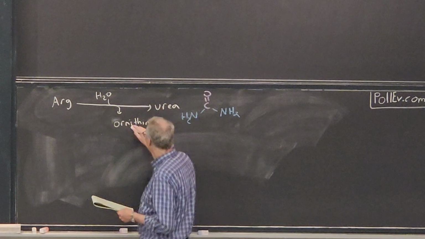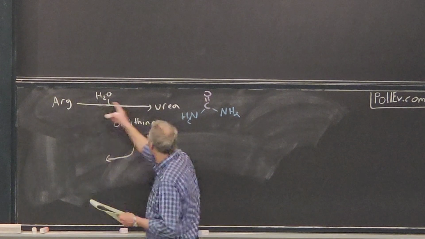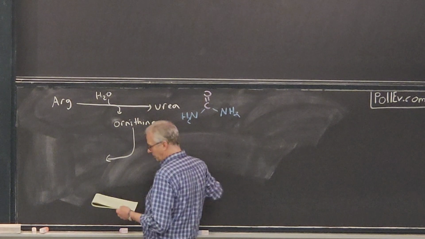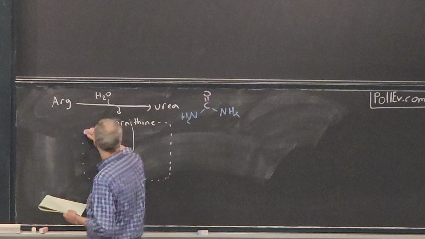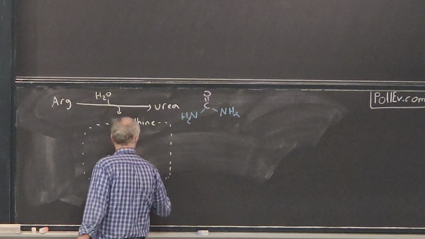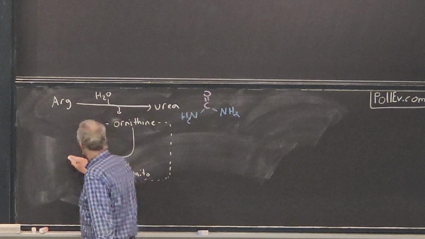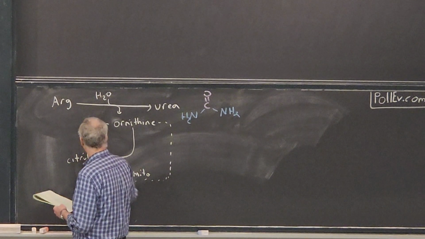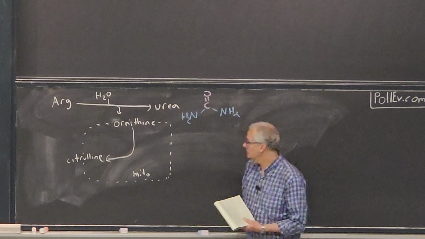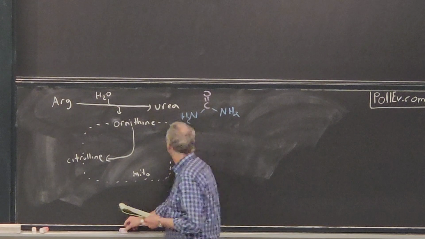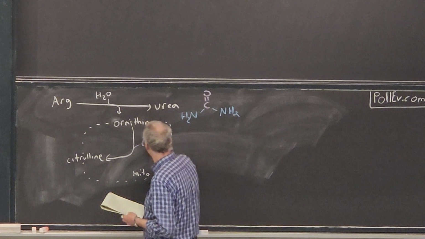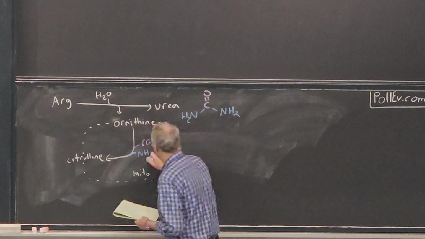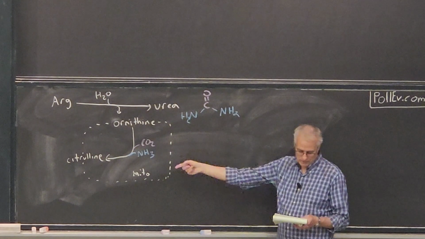So this happens in the cytosol, but ornithine, in a reaction that occurs here in the mitochondria, will generate another amino acid not found in proteins called citrulline. To do this, it's basically going to pick up CO2 and an ammonia in the mitochondria, make citrulline.